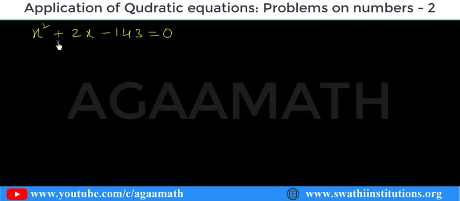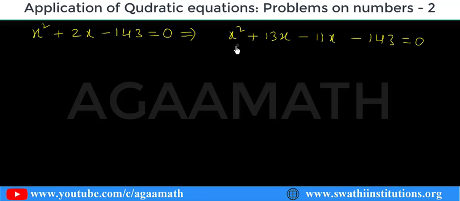Here I don't use the formula, I just use factorization for this: x square plus 13x minus 11x minus 143 equals 0.